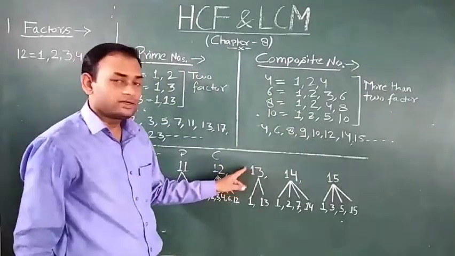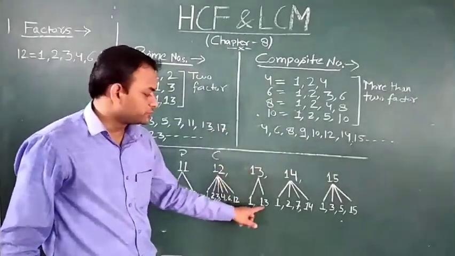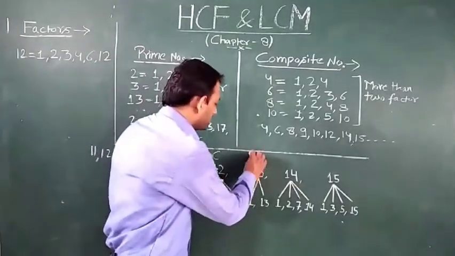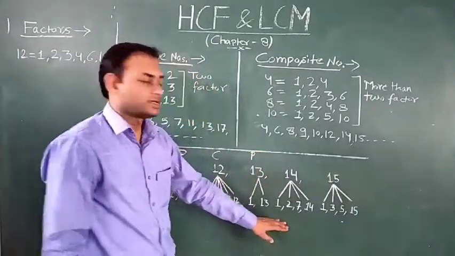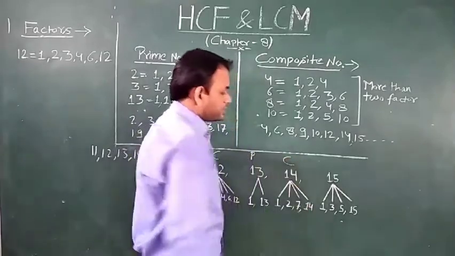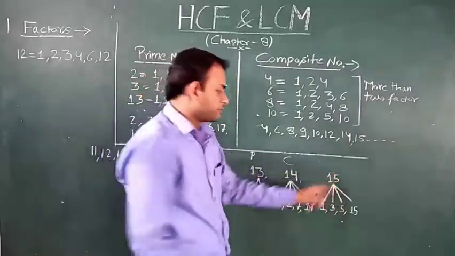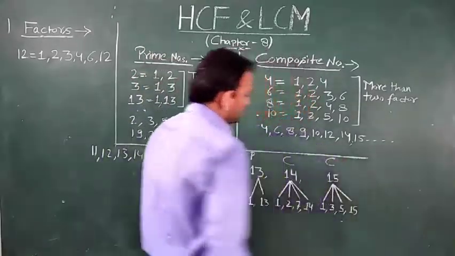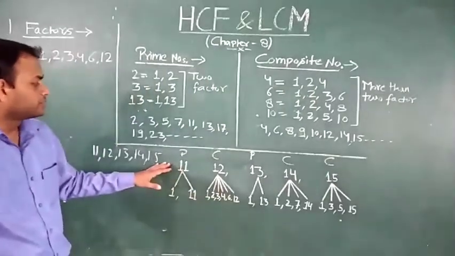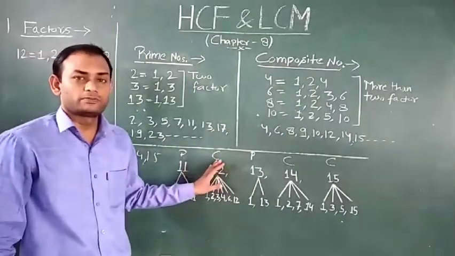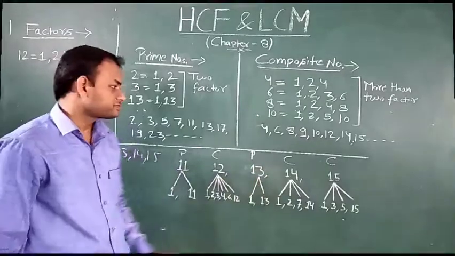Now 13 is a prime number, then a composite number, and 15 is also a composite number. So by this method you can find out the composite and prime numbers.